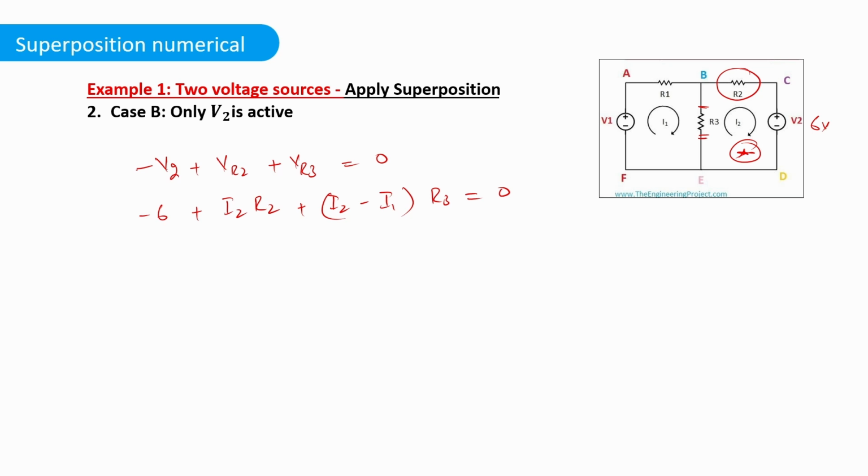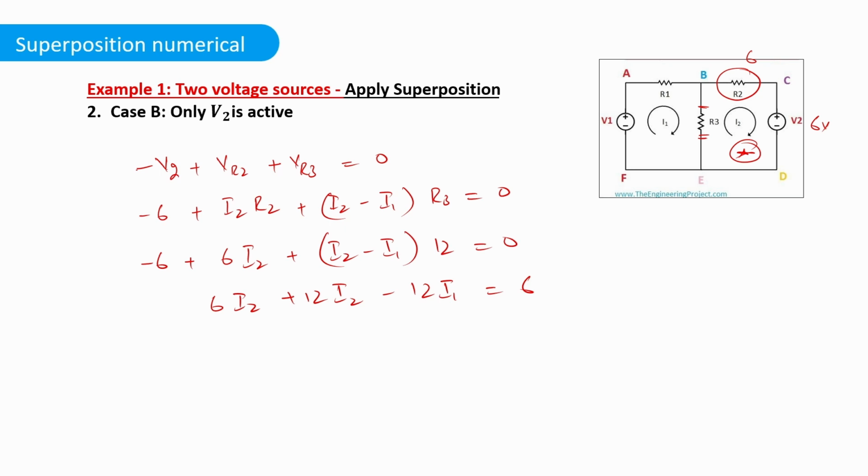Now I will simply substitute the values. So this will become minus 6 plus R2, which was 6, so this becomes 6 I2 plus (I2 minus I1), and R3 was 12, equal to 0. So this becomes 6 I2 plus 12 I2 minus 12 I1 is equal to 6.